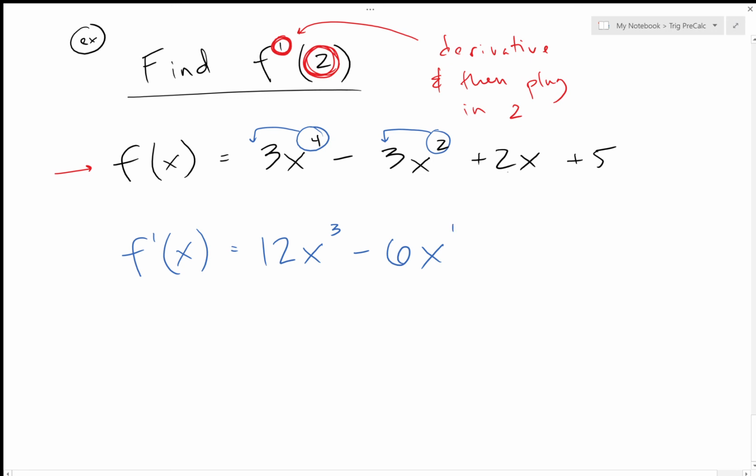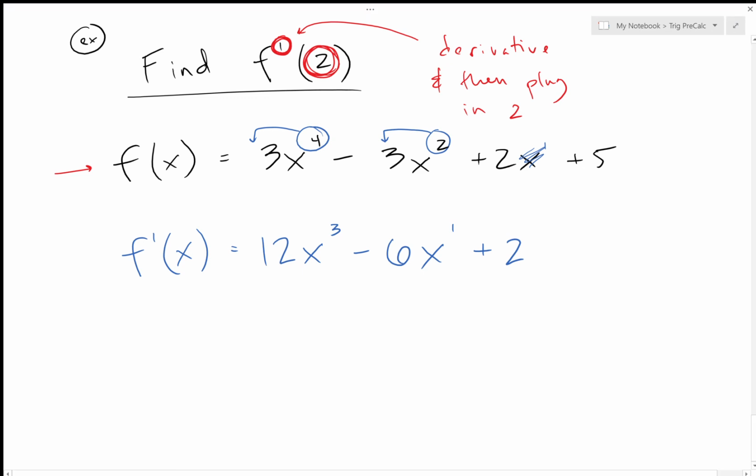And then remember, if it's a number and then an x to the 1 power, that x is going to disappear, so it's plus 2. And then the derivative of 5 is just a 0, so we don't need to write that. So that's the derivative. If it just told you find the derivative, that's it.